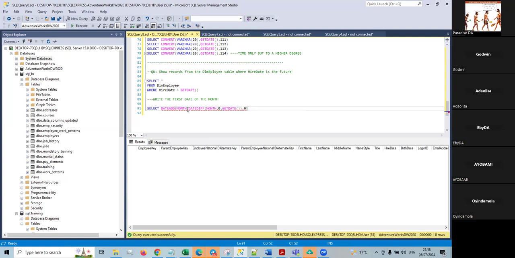Date add month, date diff month, 0, get date. 1, 2, 3 as first day of the month. Where is the error?